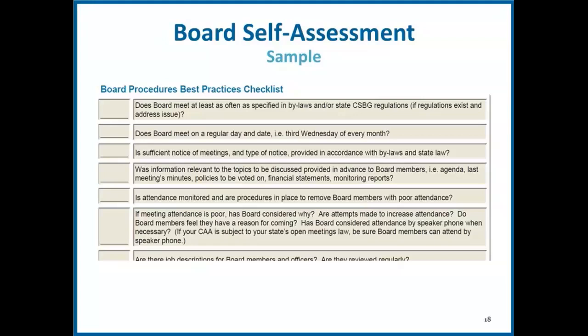How can we do better on this, and make sure that they are checked next time we assess ourselves. Or if there's varying responses, then there might just need to be that education piece that goes into what the bylaws say, how is "at least as often" defined in our bylaws, that sort of thing.